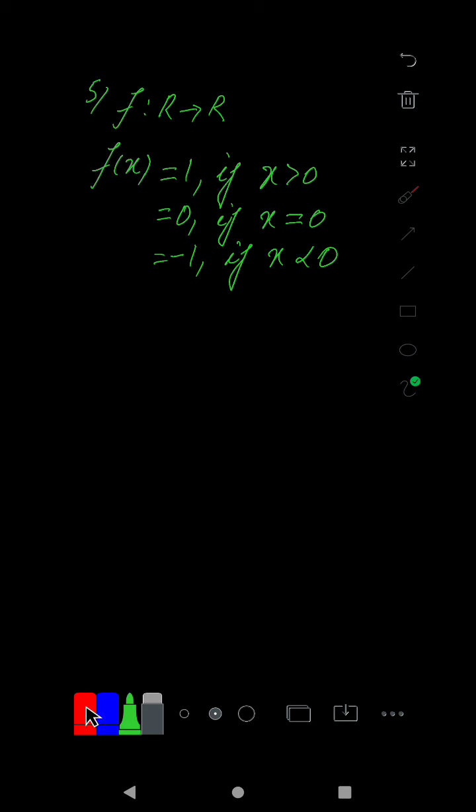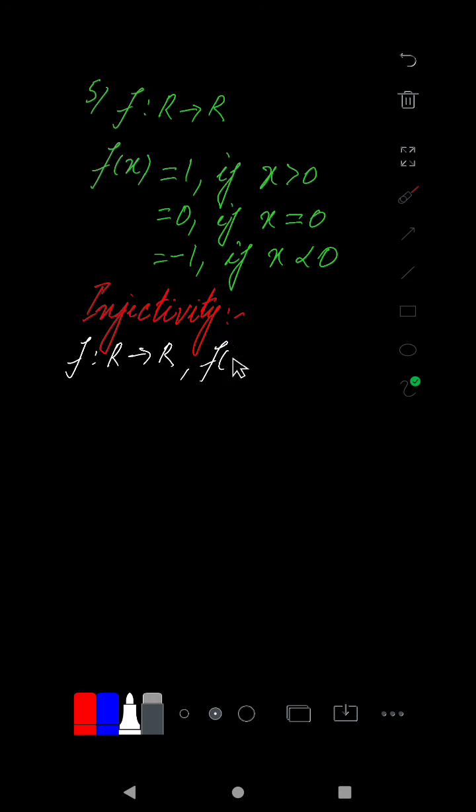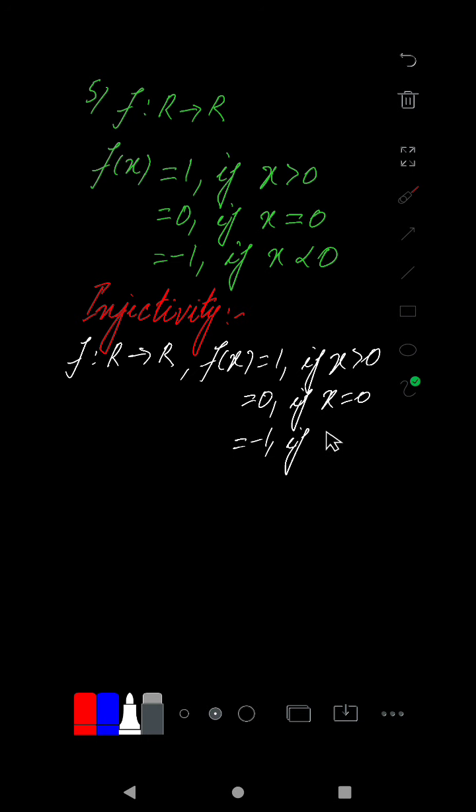So let us check first injectivity, as f is defined from R to R.